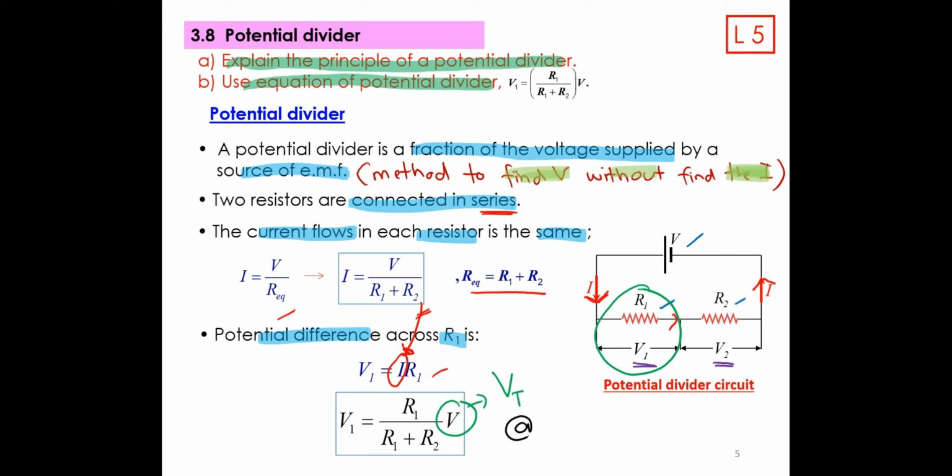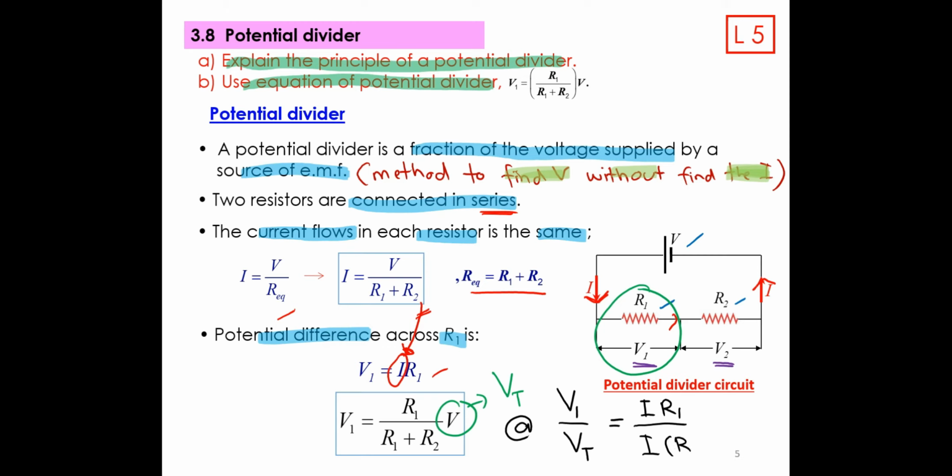Right now I want to do the ratio between V1 and V total. Based on the Ohm's law equation, V equals IR, so this is IR1 over I times R total.